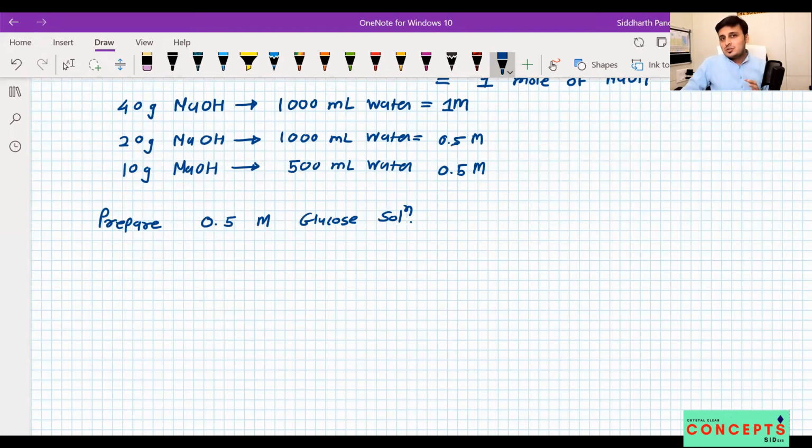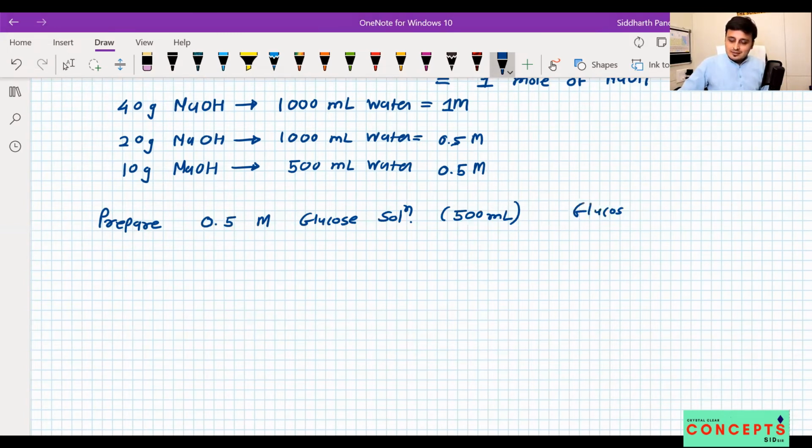What information should I have? Glucose molar mass should I have? I want to prepare 0.5 molar glucose solution of the volume 500 ml. So the only information I need in the laboratory, that is the molar mass of the glucose.